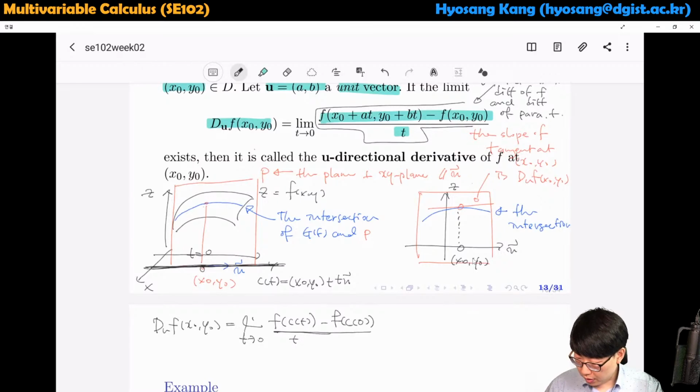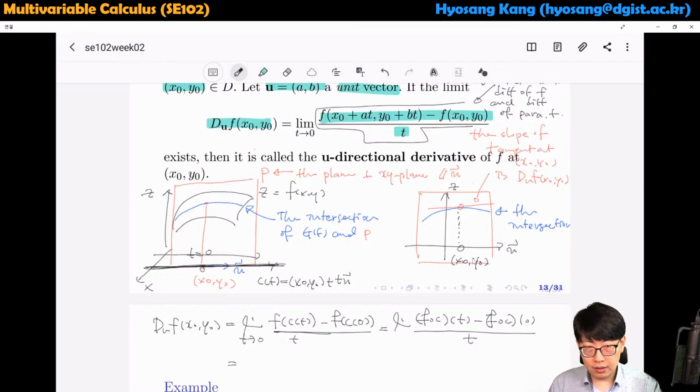So what I really do is the following. I'm taking the difference of the values of the composition of two functions, f and c, and by definition f composite c is a single variable function. So this definition of the limit is nothing but taking the derivative of the single variable function f composite c at t goes to 0.